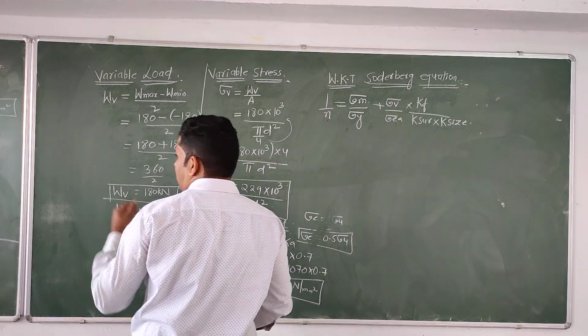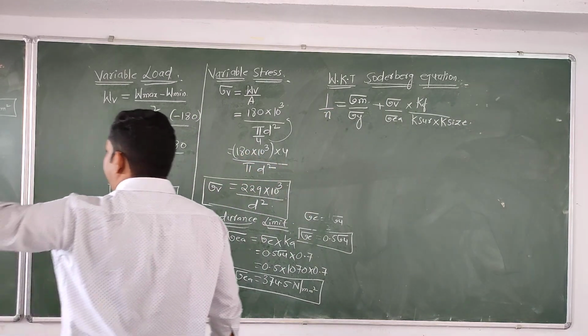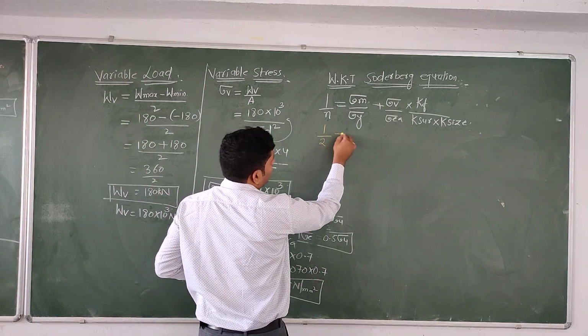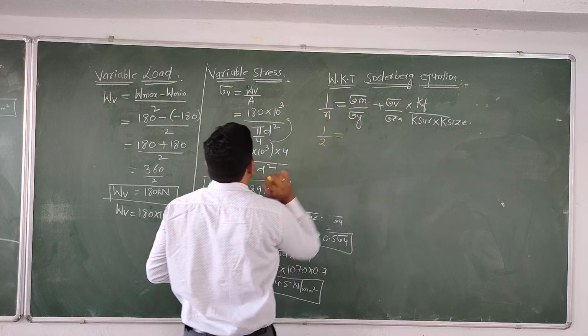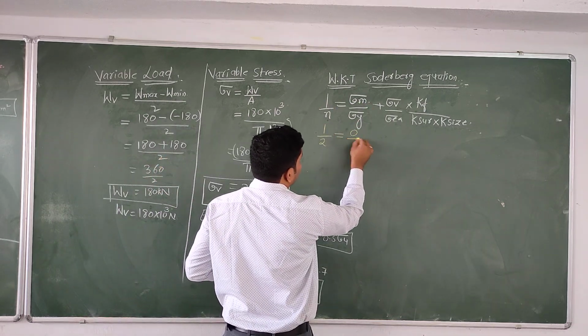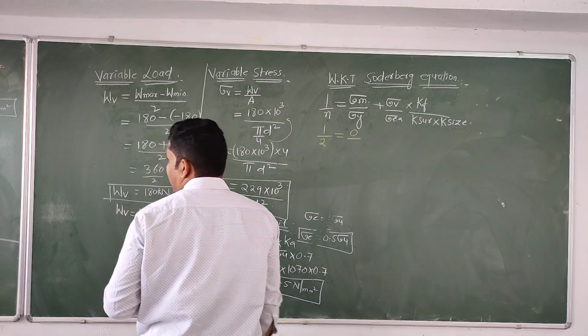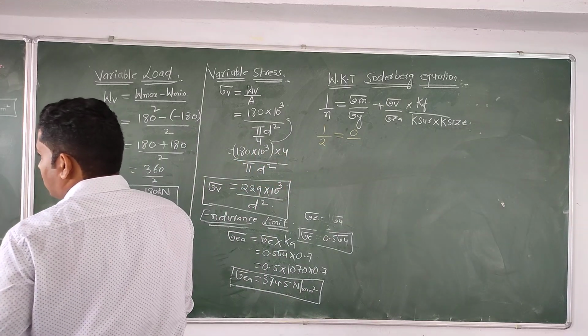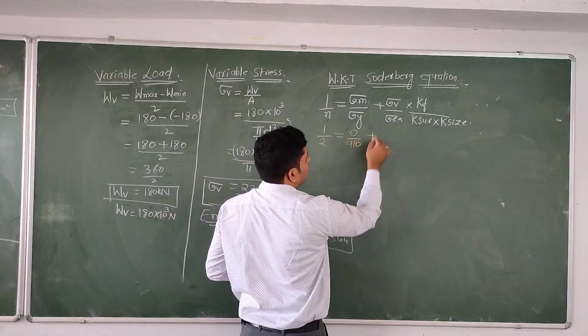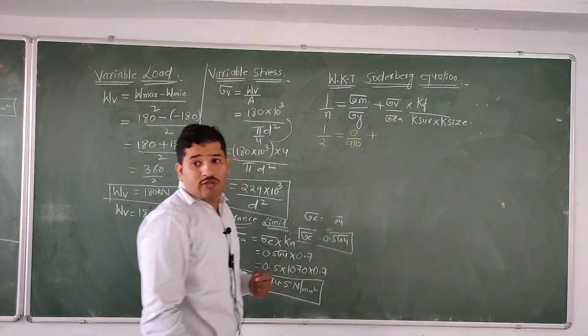Then 1 by n is nothing but the factor of safety. In this equation how much is given? The factor of safety is given as 2. Is it right? 1 by 2 equal to the mean stress, and the mean stress is 0, divided by the yield stress sigma y, 910. Okay, 910 plus sigma v. How much did we get here?